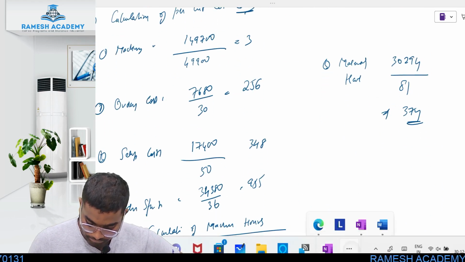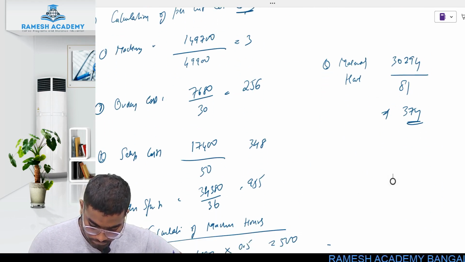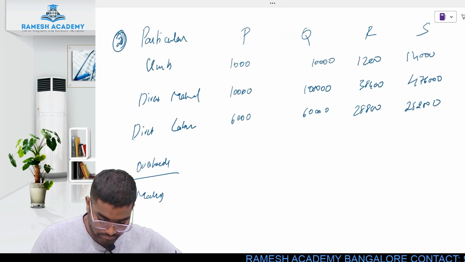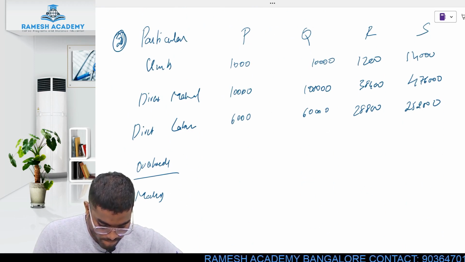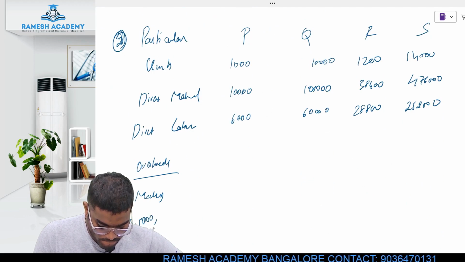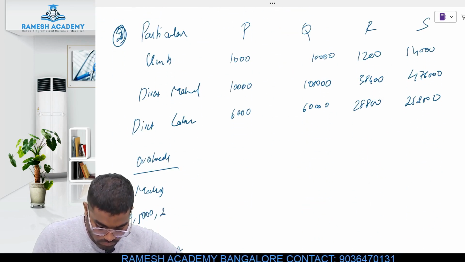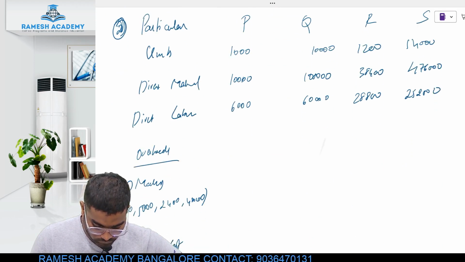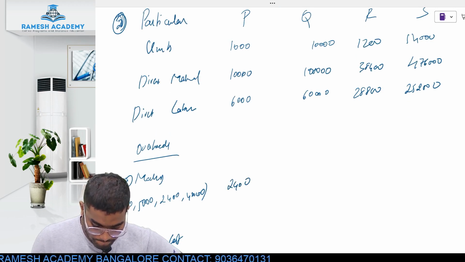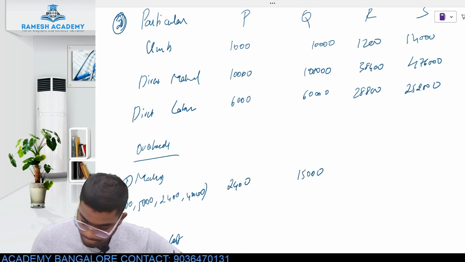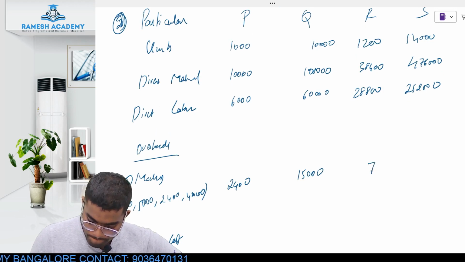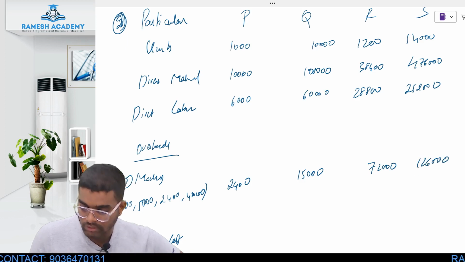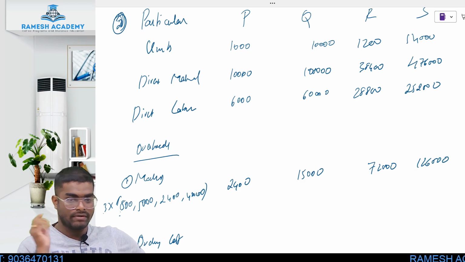Machining is 3. And labor hours, did we calculate? Yes, 3. 500, 5,000, 2,400 and 42,000. So it is 1,26,000 here. Simple, I have the rate, I'm just multiplying with the cost driver volume. That's it.